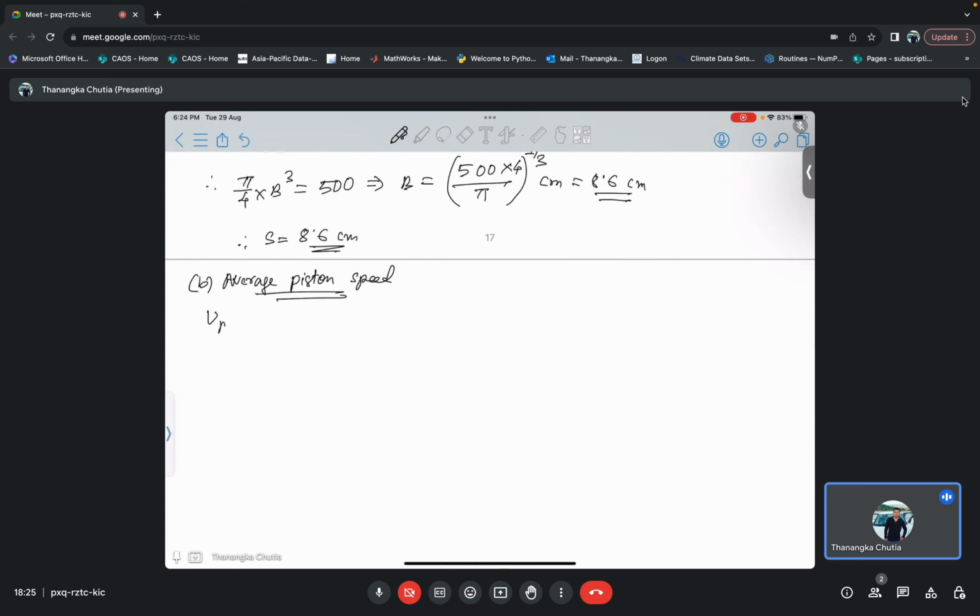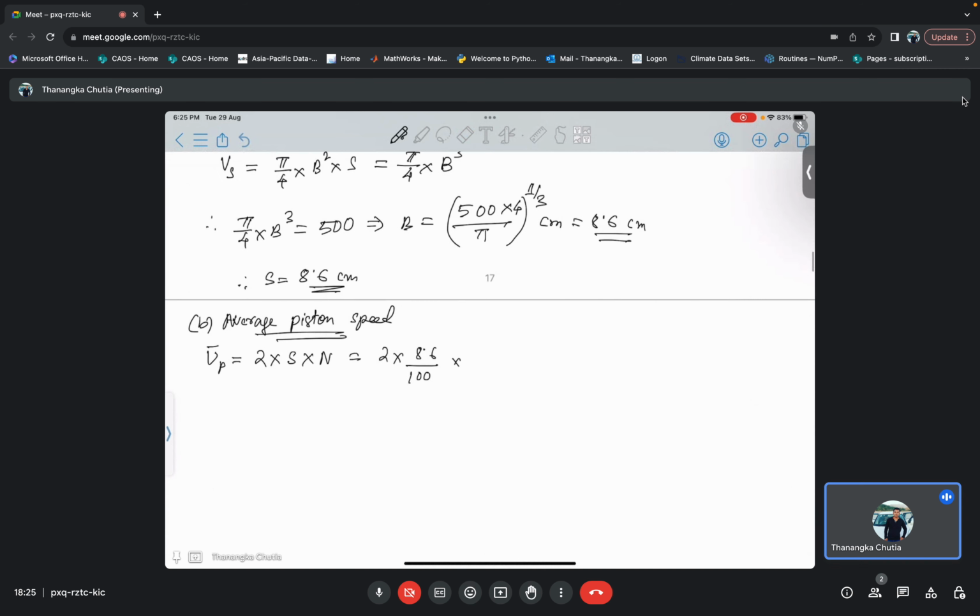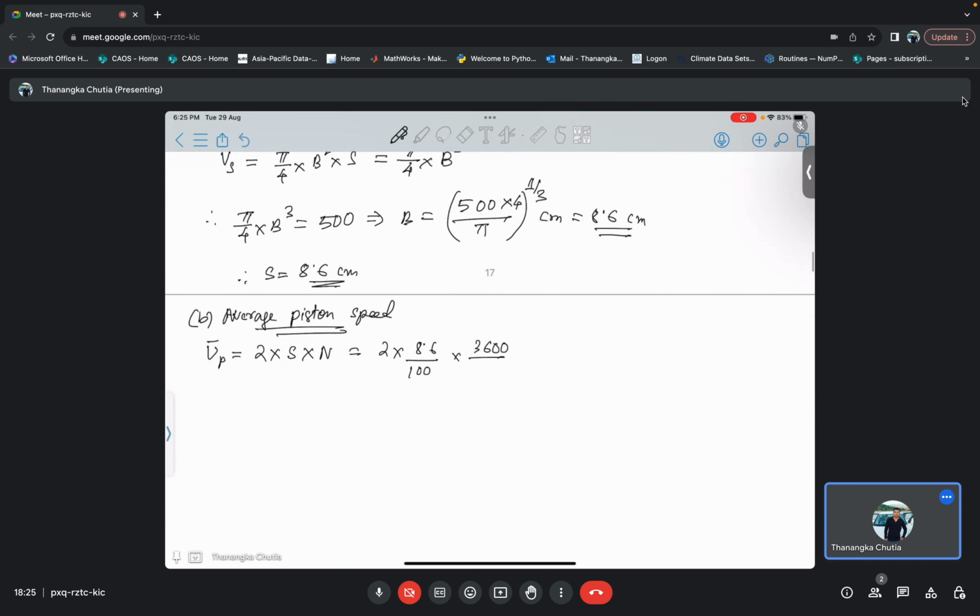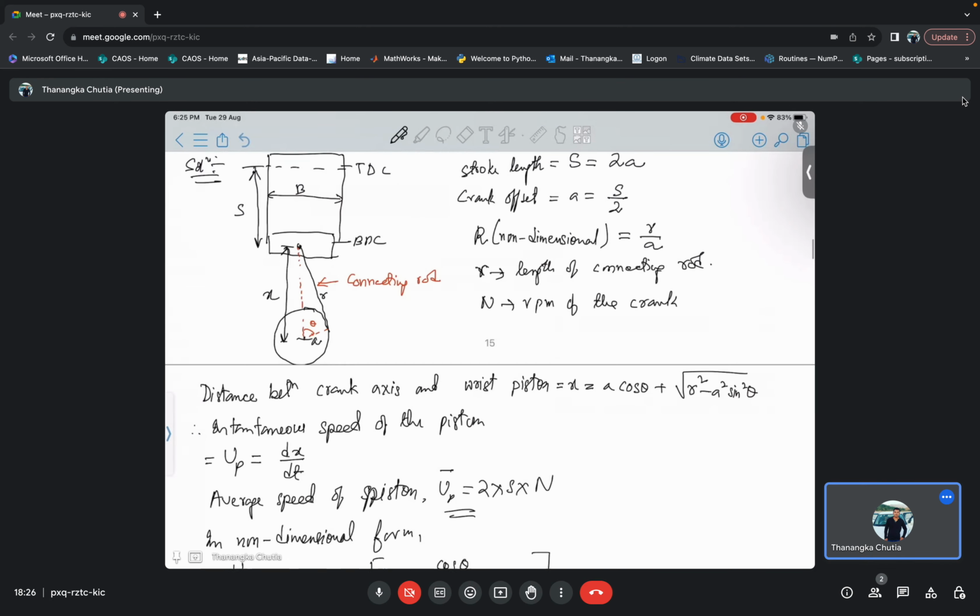So average piston speed UP bar is equal to 2 into S into N. 2 into S is 8.6, in centimeter, so I will convert it into meter, and 3600 revolutions per minute I will convert into revolutions per second, so that I get the speed in meters per second. 8.6 into 3600 divided by 1000 into 60 is equal to 10.32 meters per second. So this is your average piston speed.